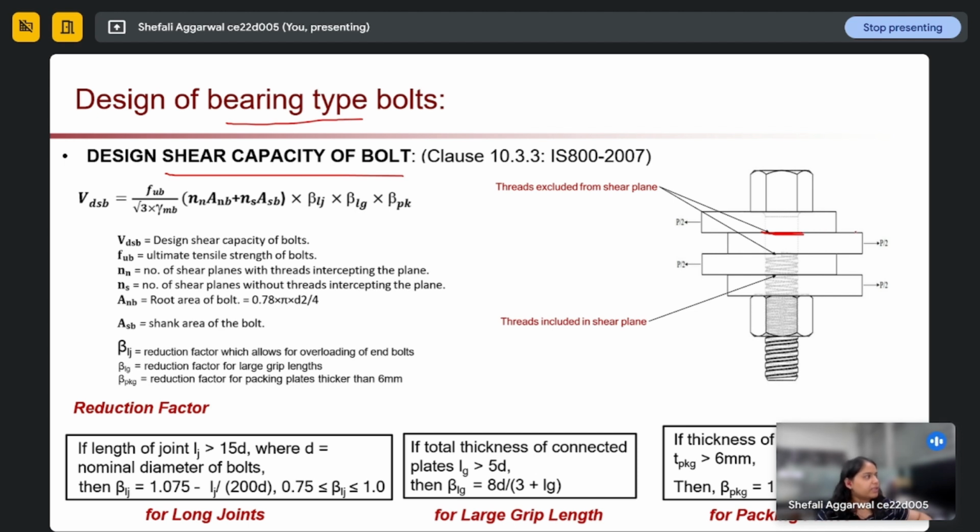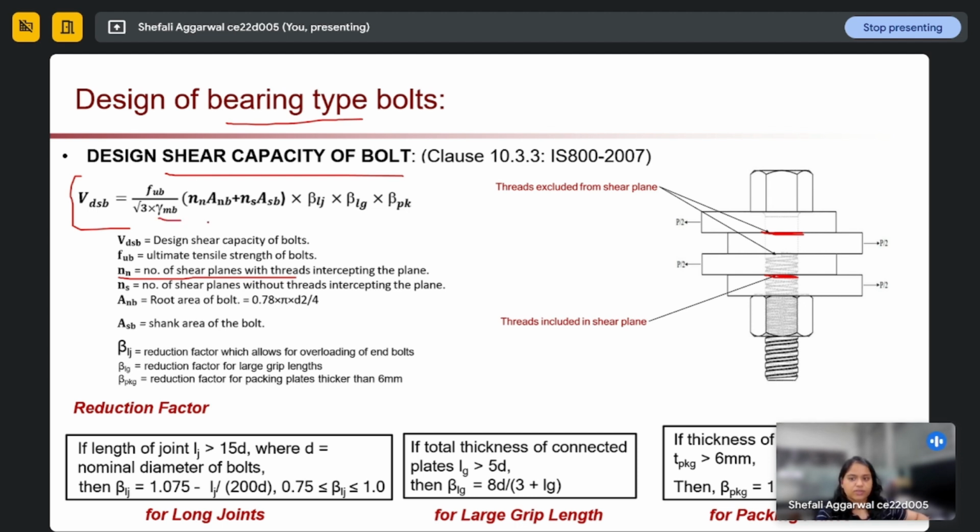In our bolt case, we have shank and thread. When there is a shear plane in the thread part, this will be termed as the number of shear planes with thread, n_n. Sorry, this is the formula for the shear capacity. This is the design shear capacity, which is equal to the nominal shear capacity divided by the factor of safety.